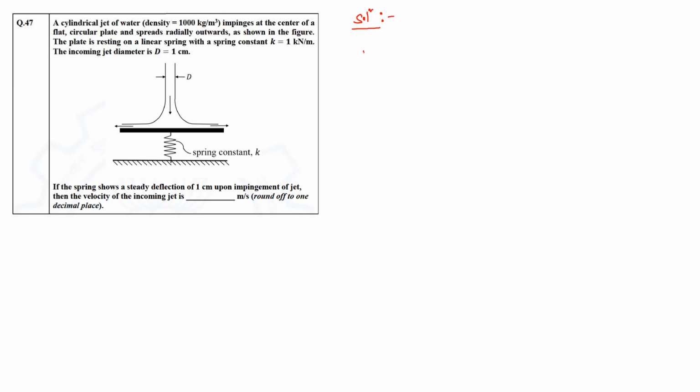So as we said, you will have force exerted by the jet on the spring that will be equal to rho times A times v square. And here the velocity v is unknown to us. So v is something we have to find. Diameter of the jet is given as 1 centimeter.